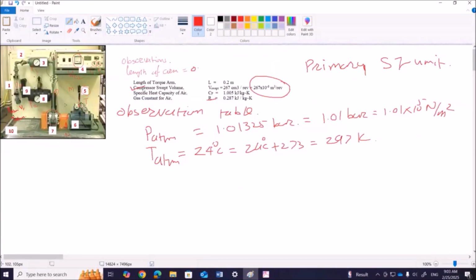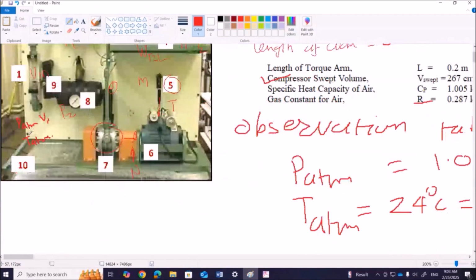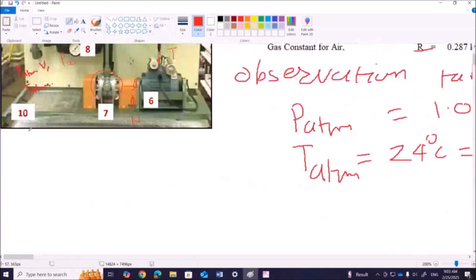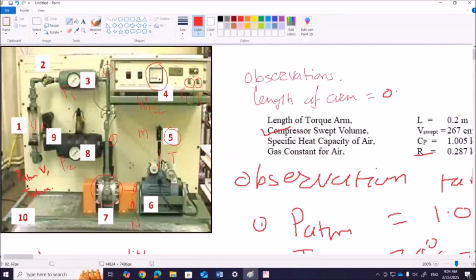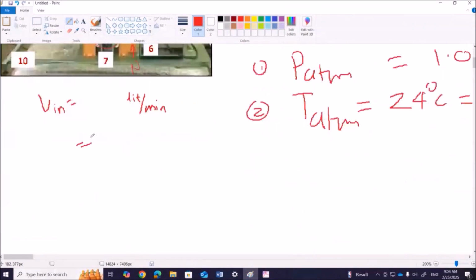So this atmospheric air comes inside the cylinder, so here PATM, TATM. What do I have to measure? I have to measure V in, the volume flow rate. It is given to you in liter per minute. Then this is a control valve, where I can adjust the pressure P1 and P2 in the ratio, and I can write the pressure P1.